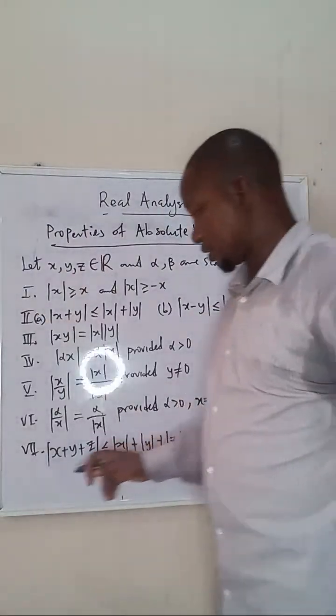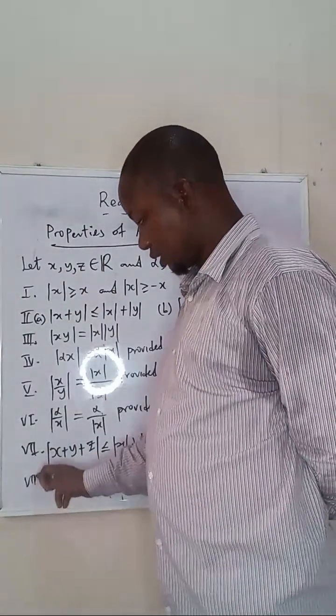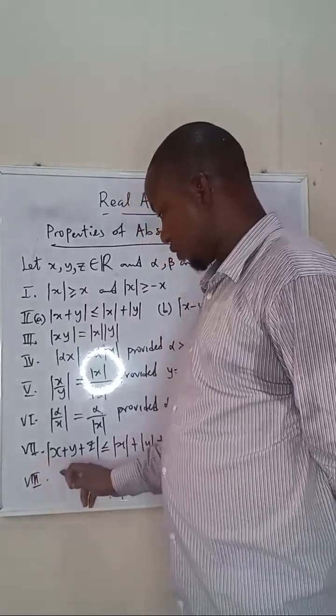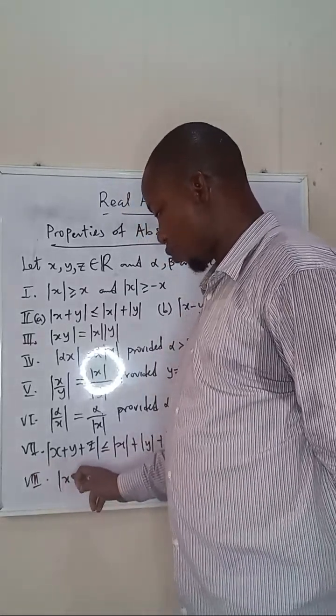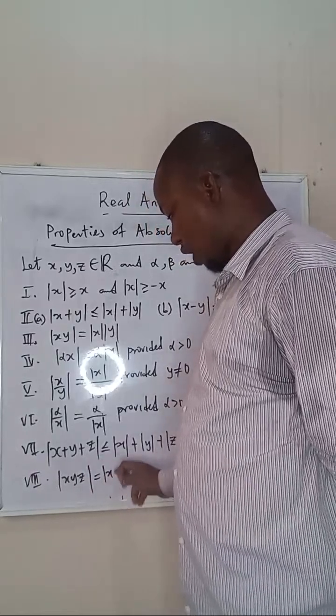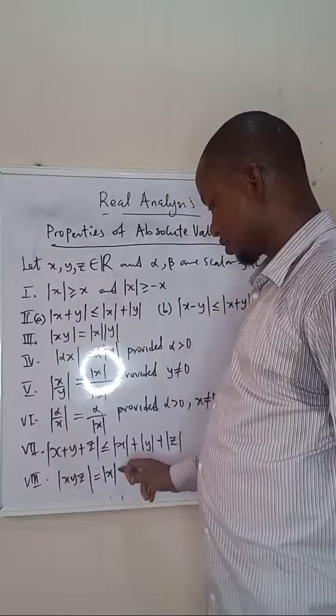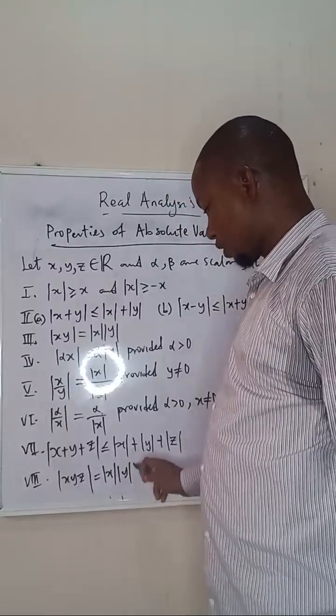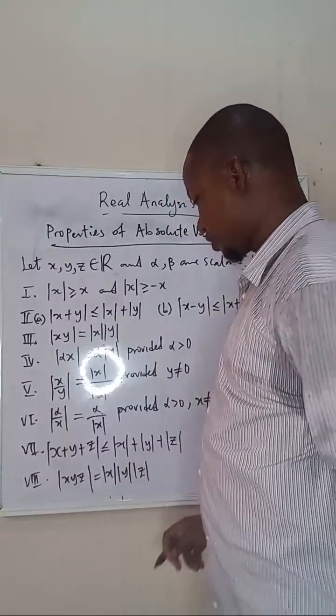And similarly, 8, if you have x, y, z, this is similar to the absolute value of x, absolute value of y, and absolute value of z.